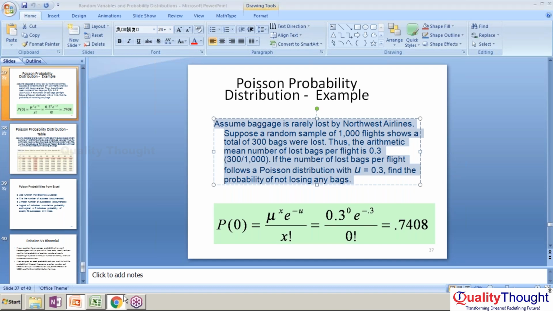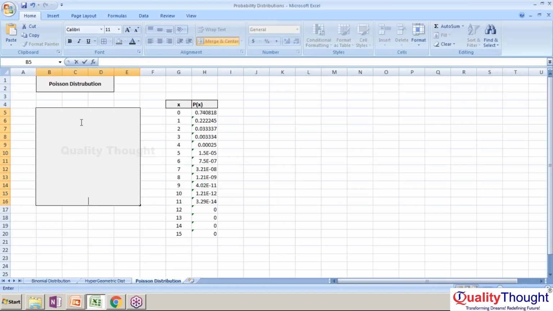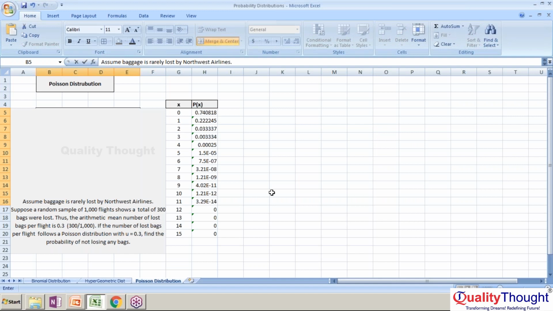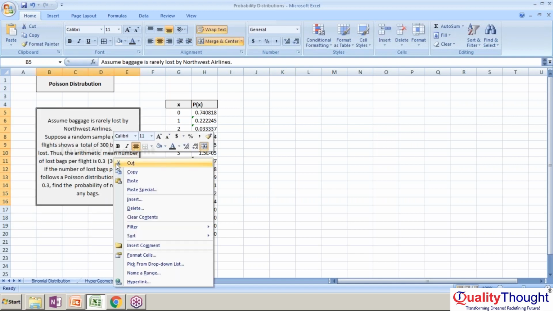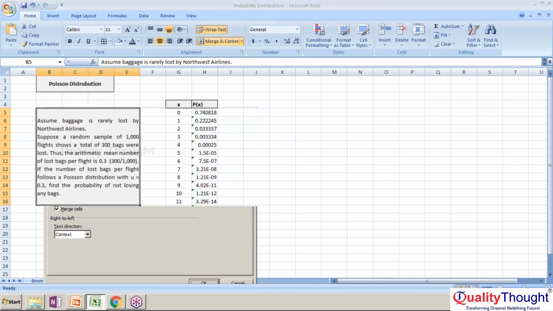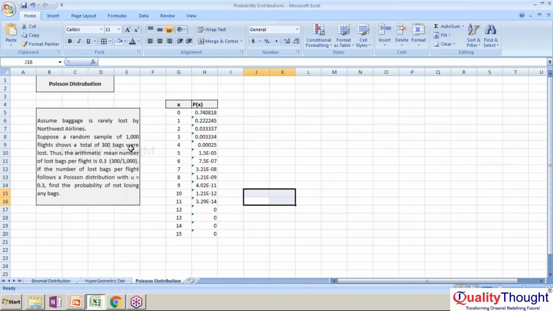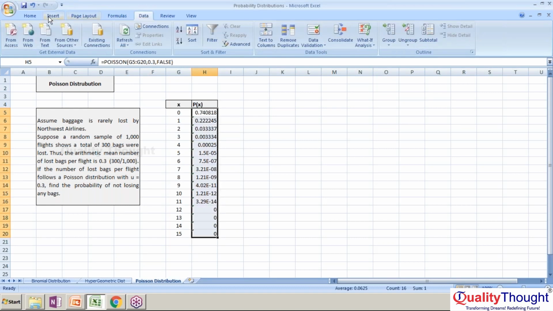So you can see, okay, let me just format this. And now let me check the distribution or the visualization for this, how it looks like.